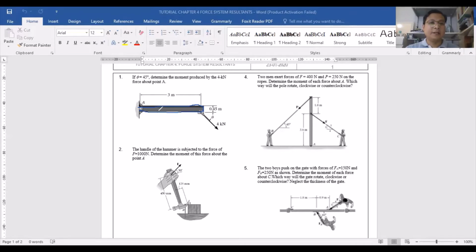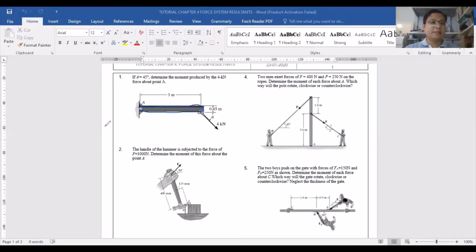It means the beam is embedded in the wall. The force acts at the end of the beam at an angle of 45 degrees downward. So firstly, we create the FBD.